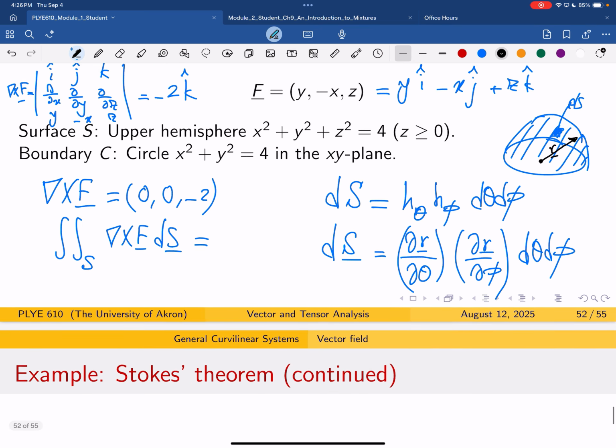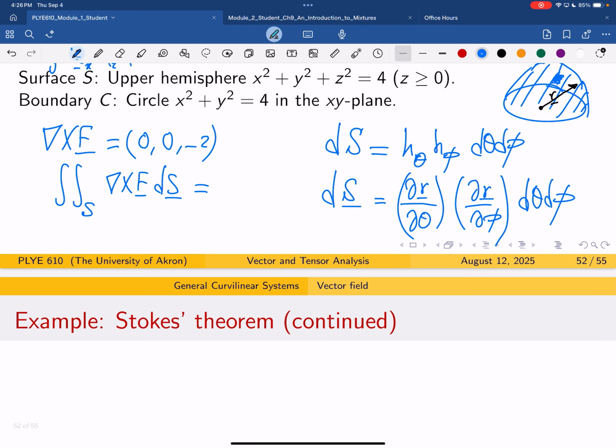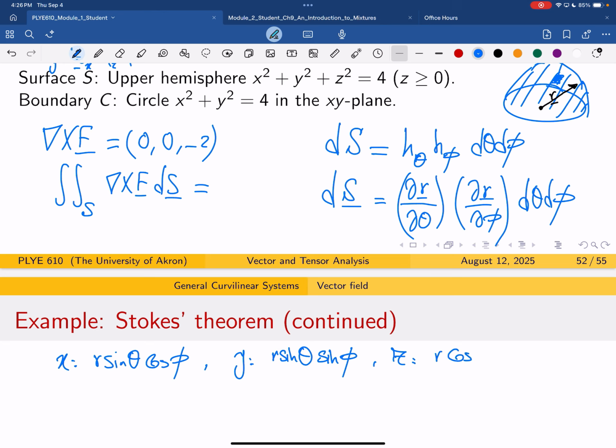It's a position vector, so let me write it here. The x component is going to be r sine theta cosine phi. The y component is going to be r sine theta sine phi. And the z coordinate is going to be r cosine theta. So that's going from spherical to the Cartesian XYZ coordinate system. You have three parameters, r, theta, phi, and also x, y, z.